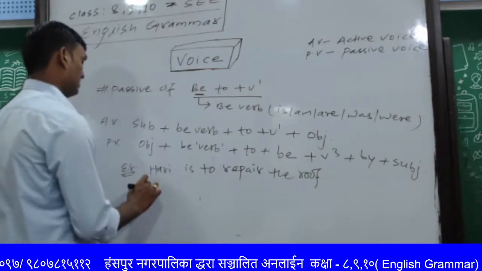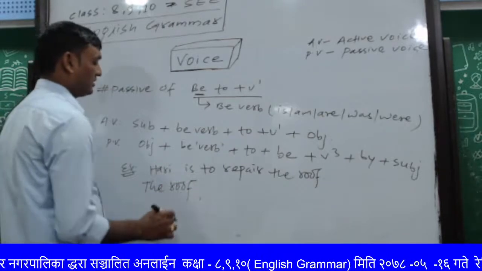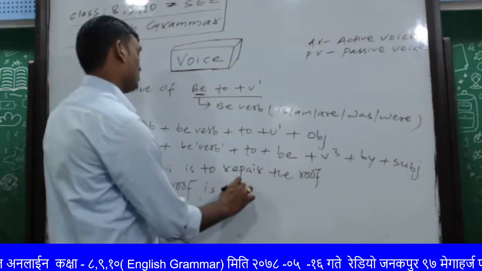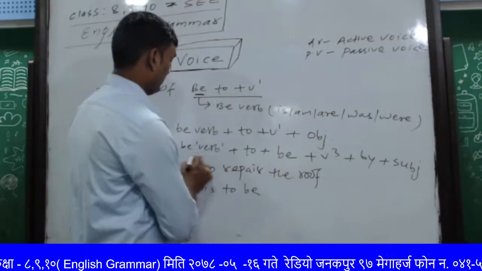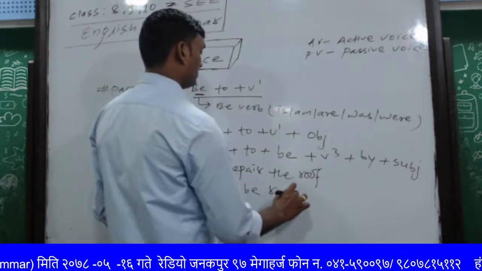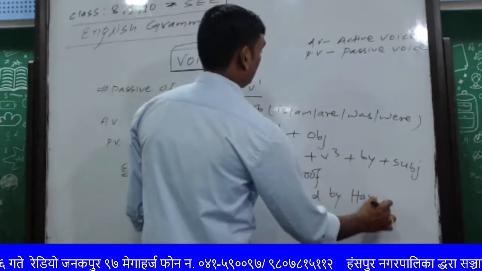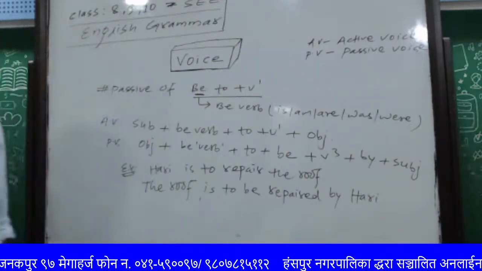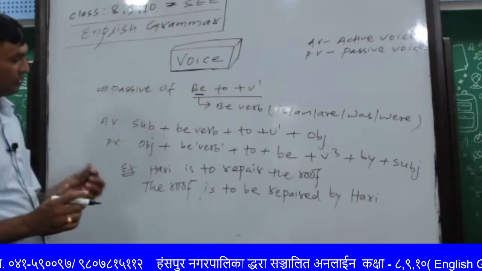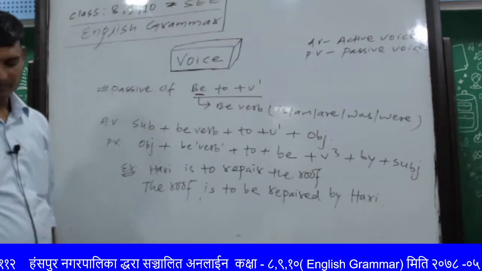The answer is, the passive voice of this sentence: The roof is to be, to plus be. Be verb is here, is to be repaired by Hari. In this way, we can change active sentence into passive sentence.